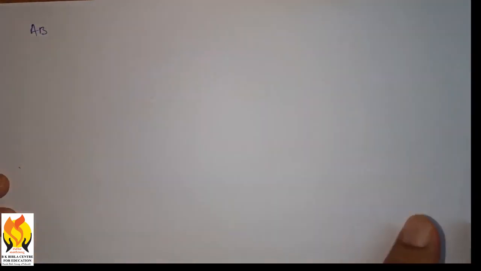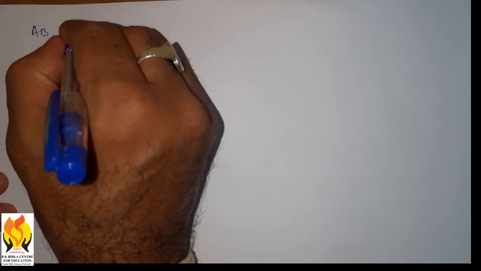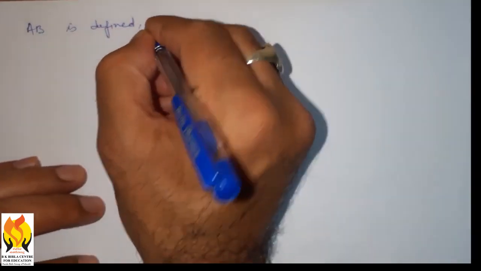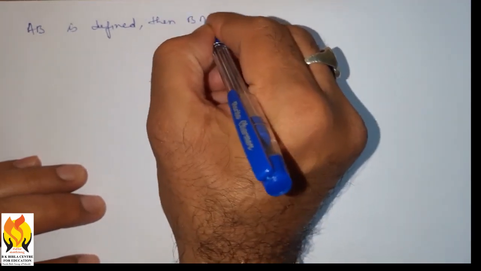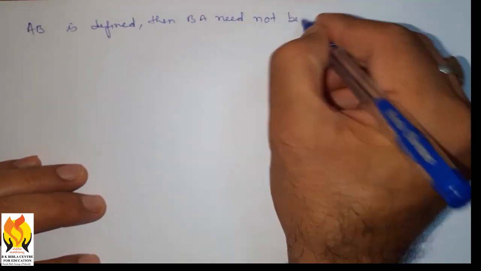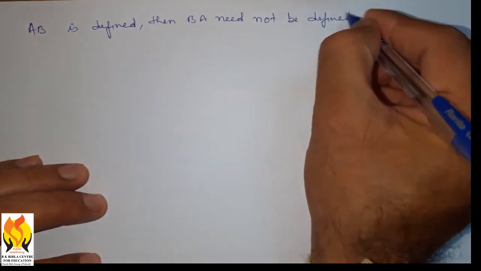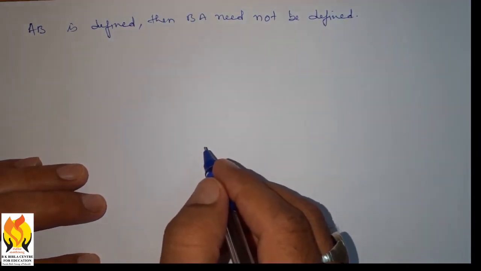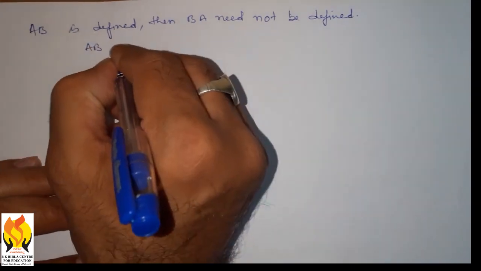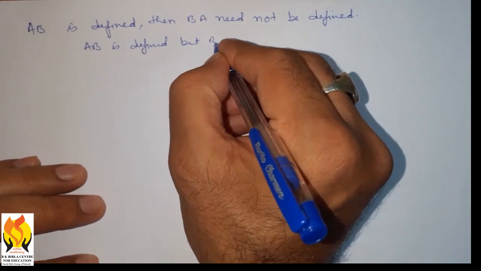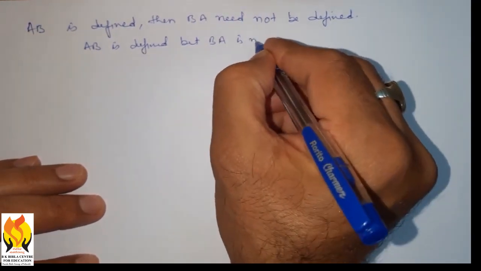As we see above, AB is defined. Then BA need not be defined. It is not necessary. And of course, in the above case, it is not. Where AB is defined, but BA is not defined.